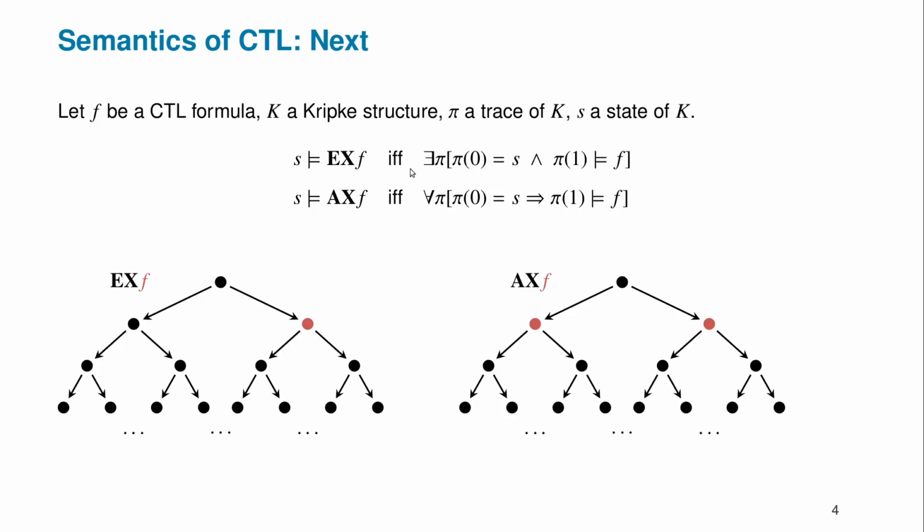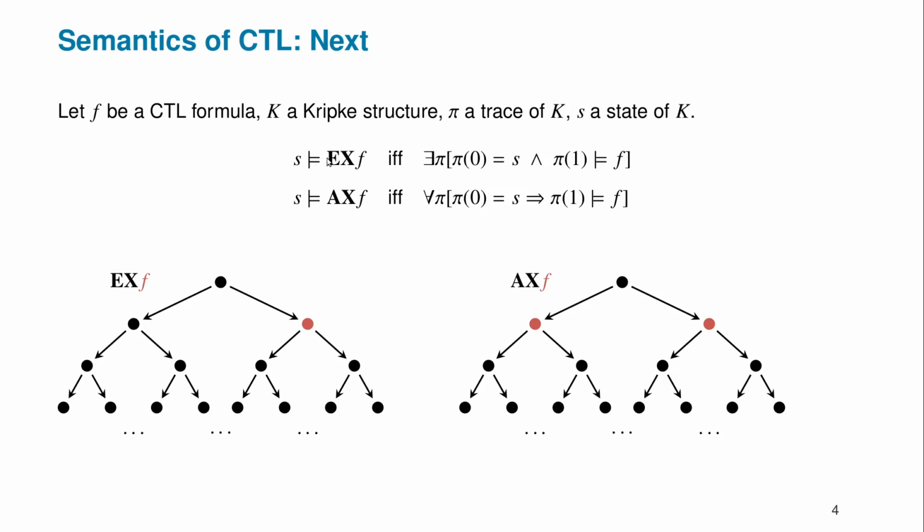Now let's start with the temporal operators. Let's start with the next operator. And here we now need at least one path that starts with state S, or we need all paths that start with S. So this depends on the quantifier type that is used.